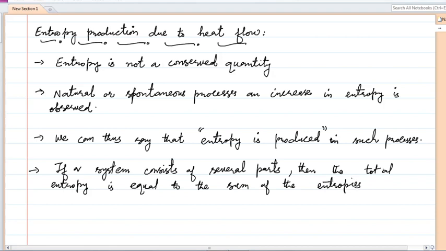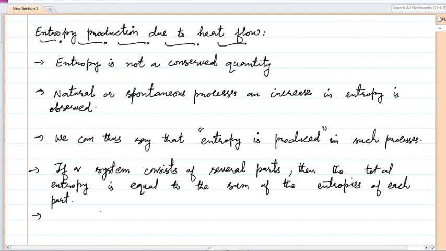We have already discussed this while discussing the second law of thermodynamics for open and closed systems. So we are just revising here some of the pointers so that you will get some of the basic concepts first.